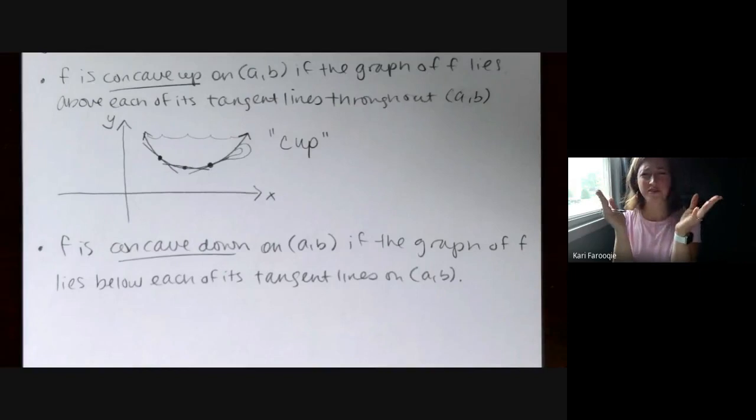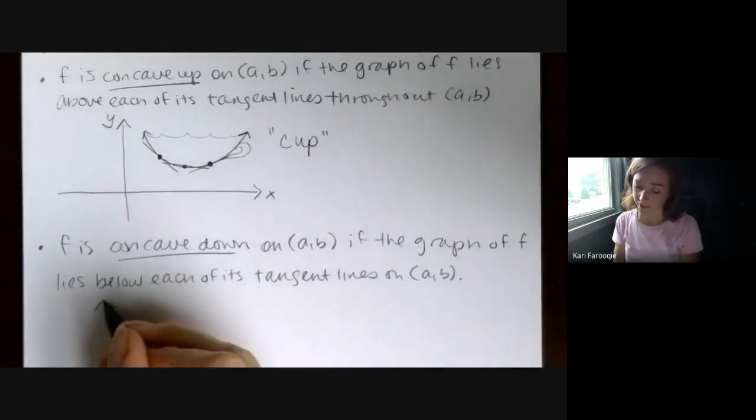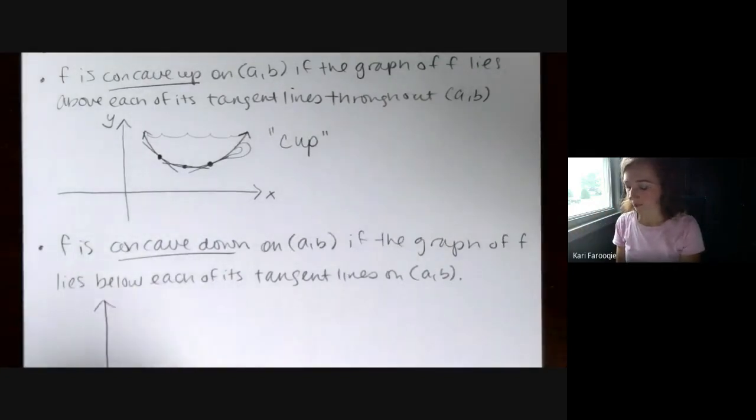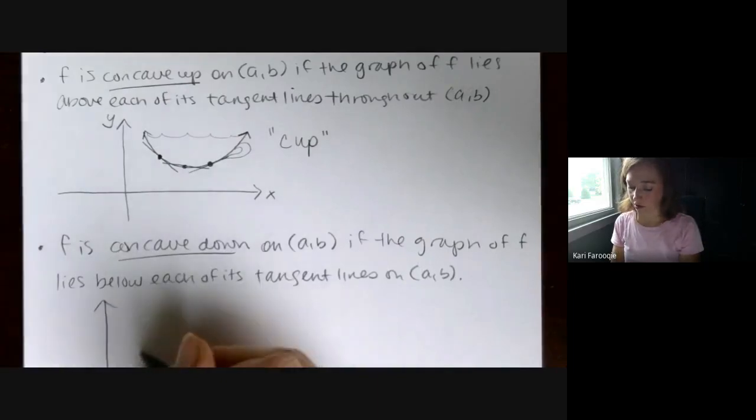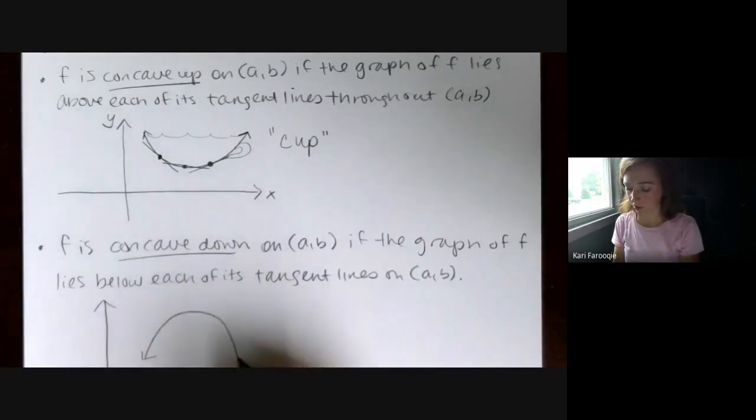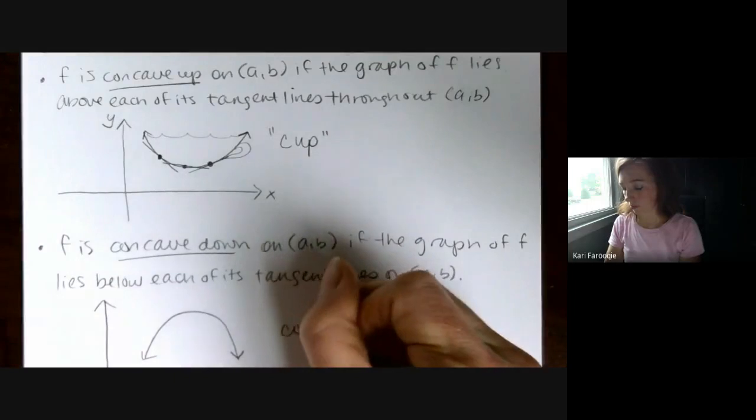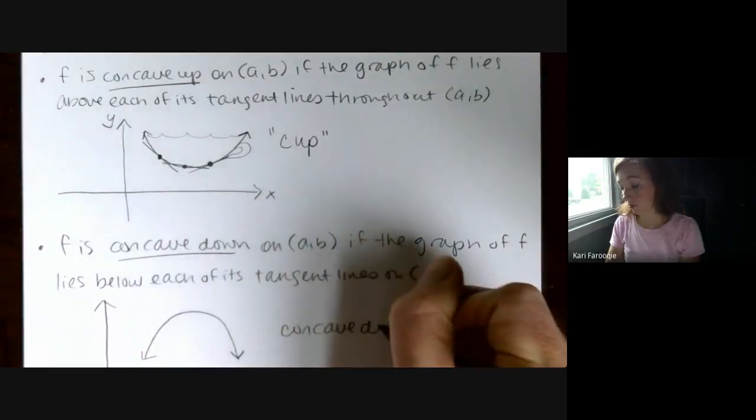I don't know if this is a thing, but I once had a student say concave down, frown. Okay. So if you want to think about concave down looking like a frown, that's fine.